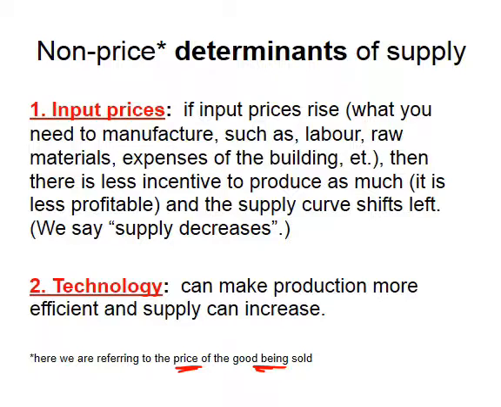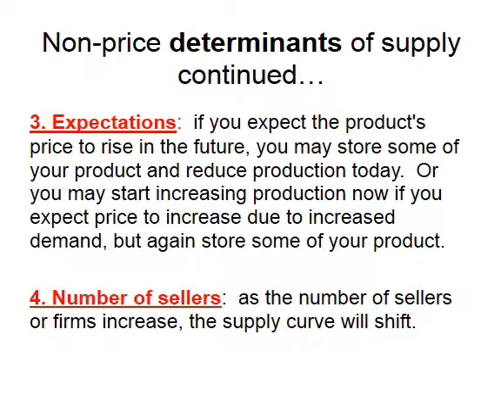We say supply decreases. Technology. Technology can make production more efficient and supply can increase, so shift to the right. Expectations. If you expect the product's price to rise in the future, you may store some of your product and reduce production today. Or you may start increasing production now if you expect price to increase due to increased demand, but again, store some of your product.